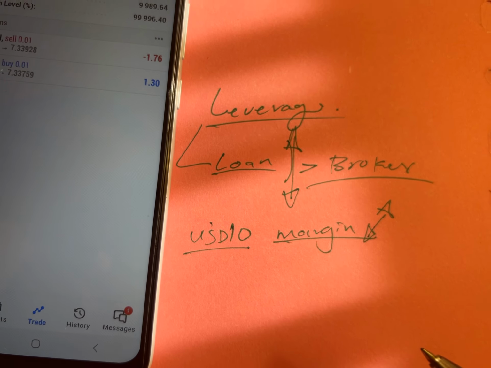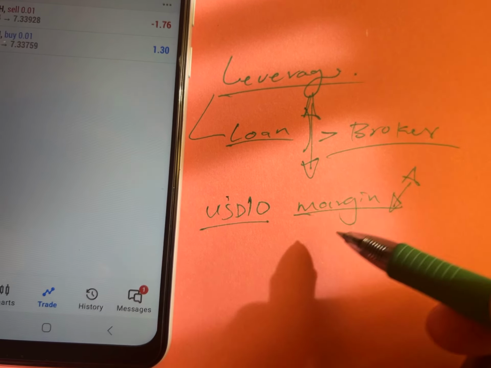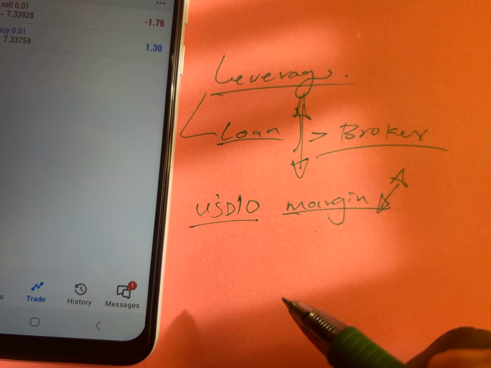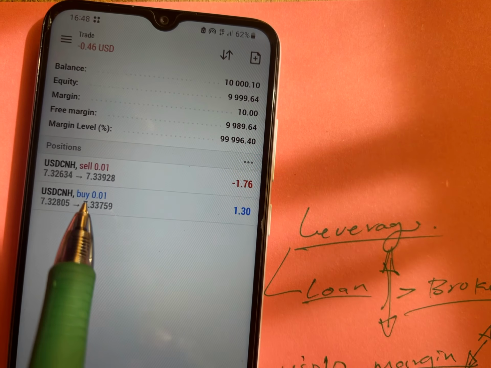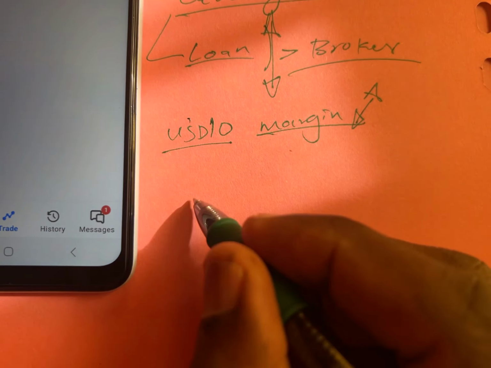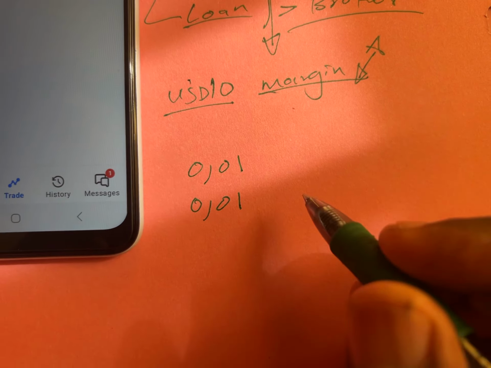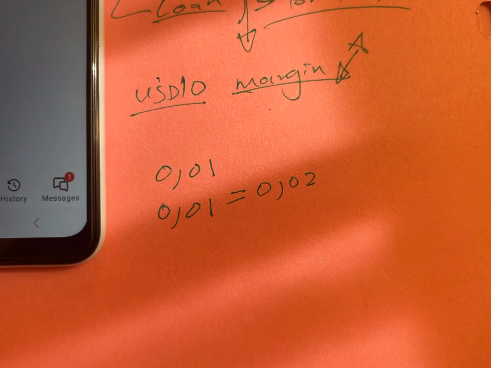Do we understand? Leverage is offered by a broker to discount the money that you were supposed to have in order for you to open 0.01 and 0.01, which, if we combine these two together, makes 0.02.